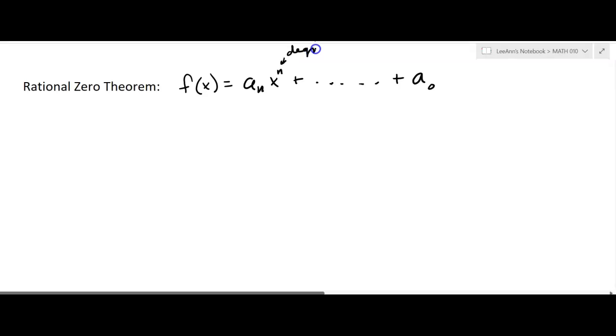The degree of your polynomial. And then we're going to say that a sub n through a sub 0, those are all from the set of integers. So integer coefficients.